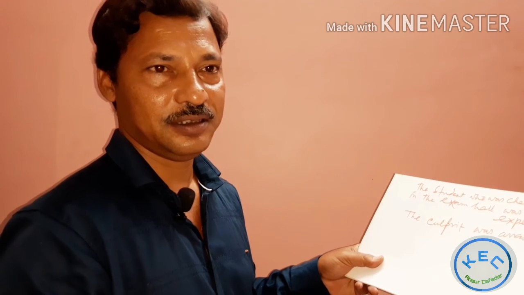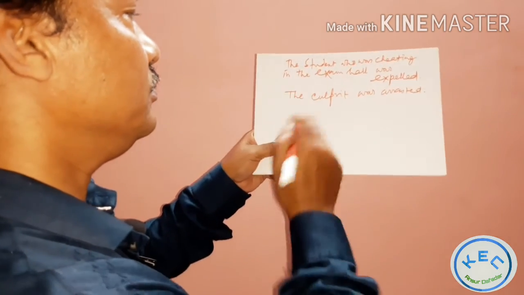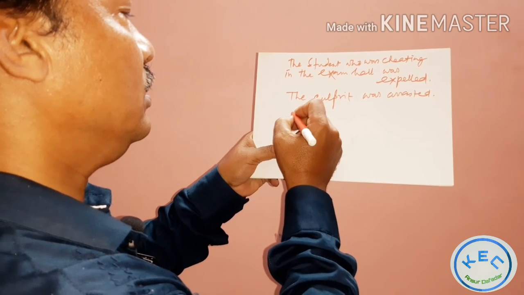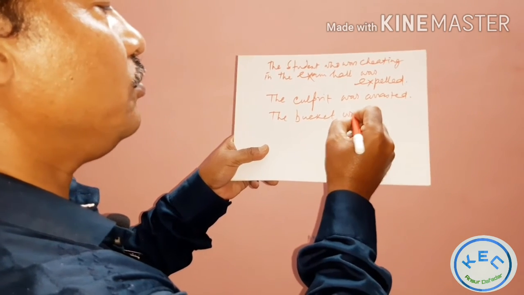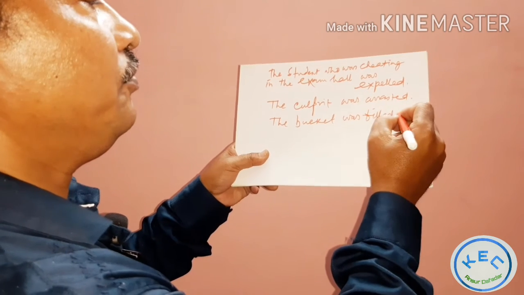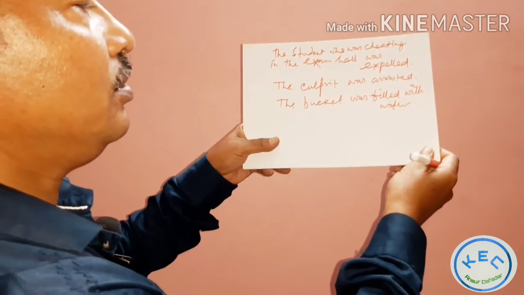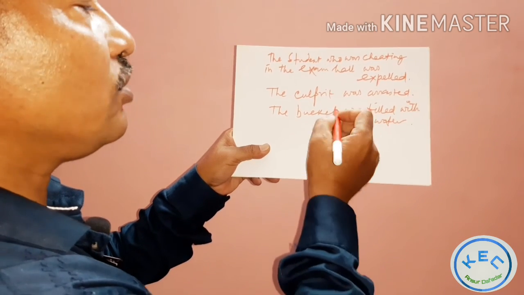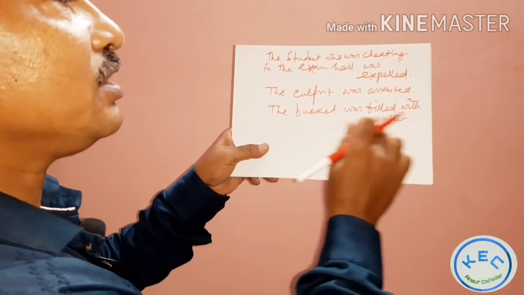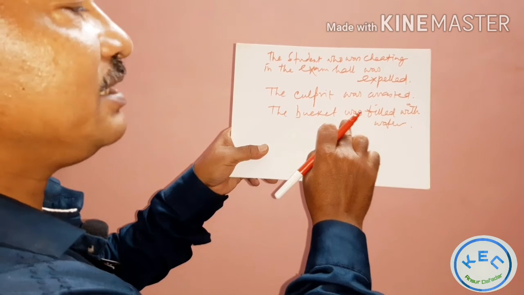In a sentence where the receiver is given importance: the bucket was filled with water. Here the bucket receives the water. So the importance is on the bucket. The bucket was filled with water. That's why passive voice is used.